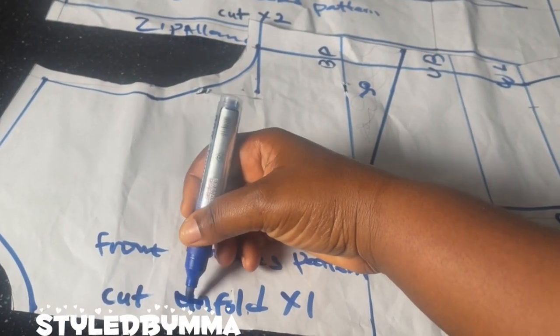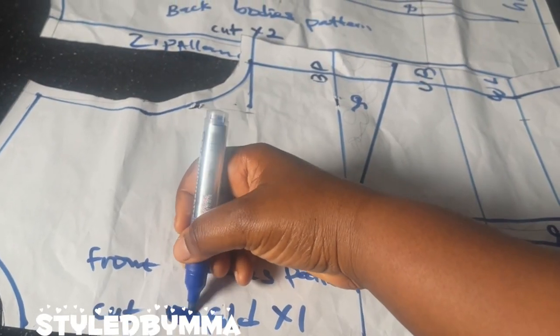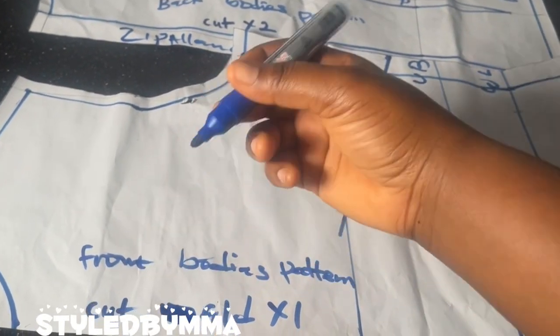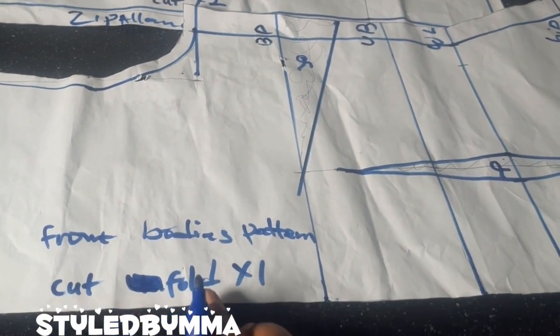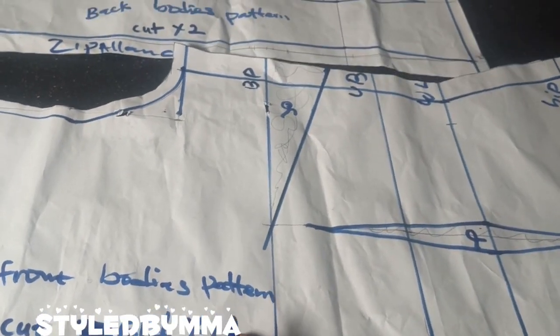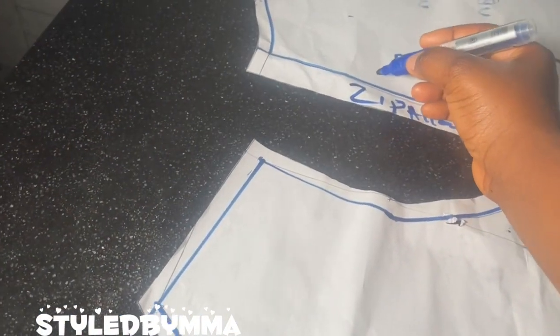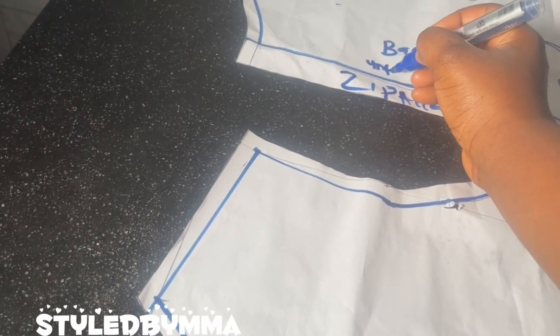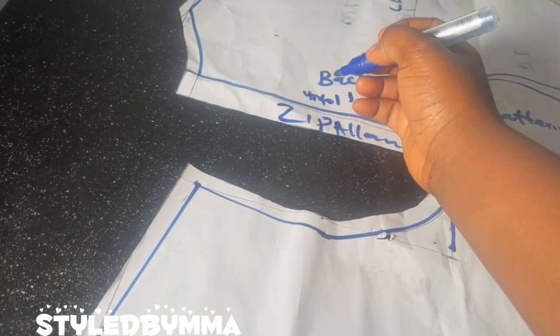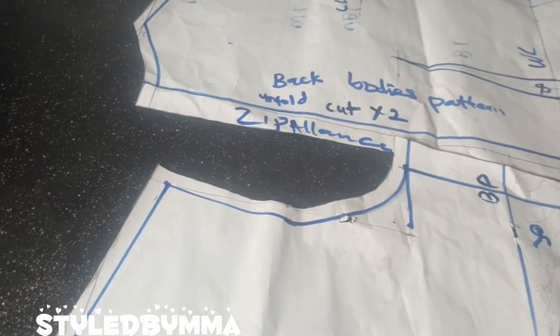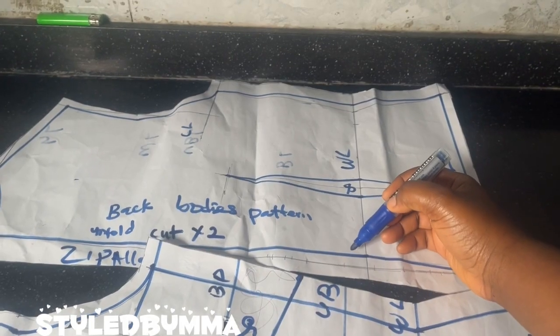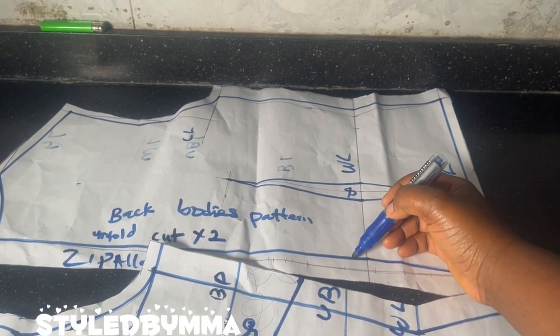So this is me trying to correct that fold on fold that I wrote in the front pattern. I hope you don't make the same mistake like I did. This is the one that will be cut on fold. So that's it. This is what our front and back pattern looks like.